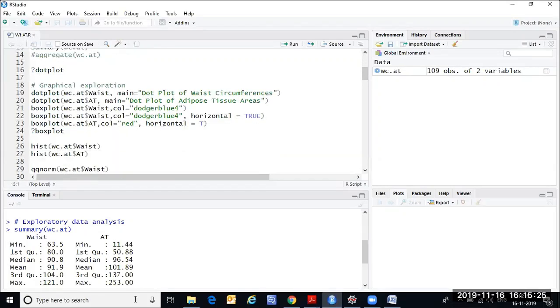Okay, fine. So let's first see the dot plot. What does this dot plot give? Waist circumference and adipose tissue. This is a variable name into which the entire data is saved.